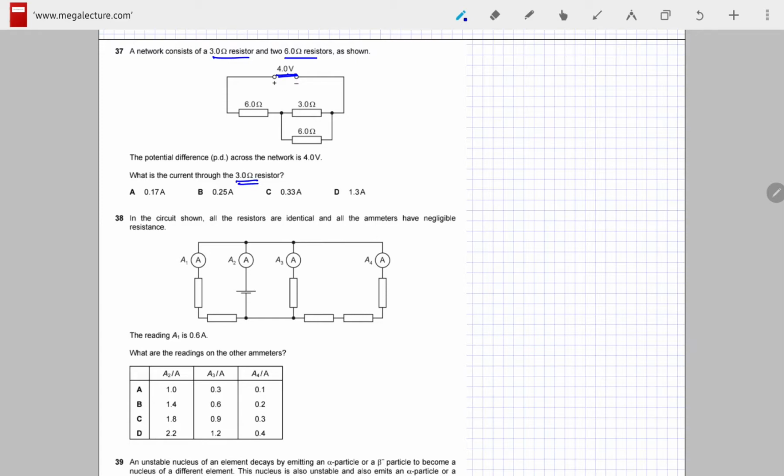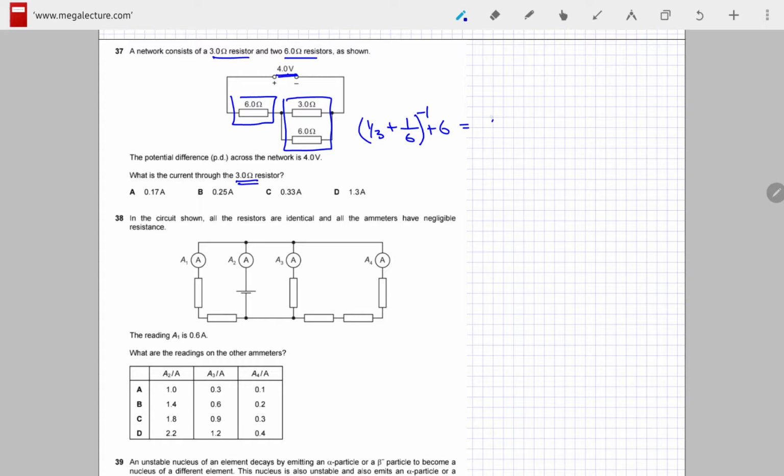So to compute that, we would first need to know what is the total resistance of the circuit. So we have this one, and we have these two in parallel. These two in parallel, we can sum as 1/3 plus 1/6, inverse, and then we can add that in series to the 6 ohm resistor.